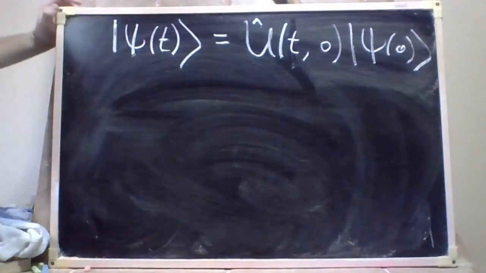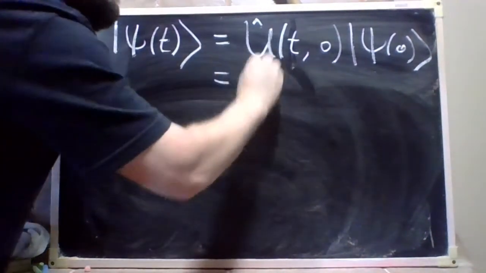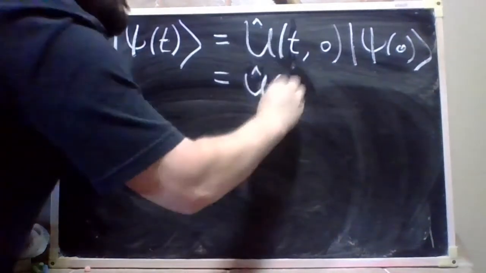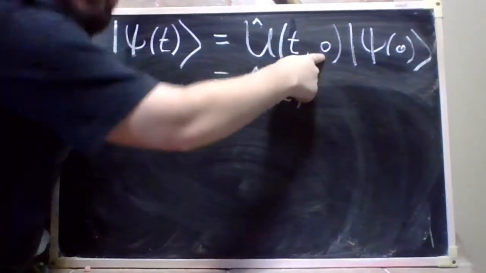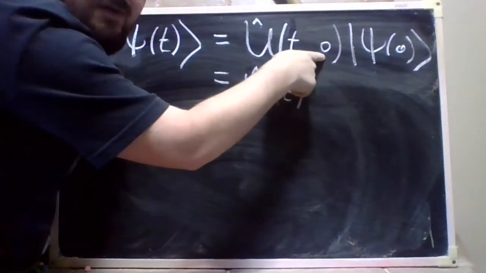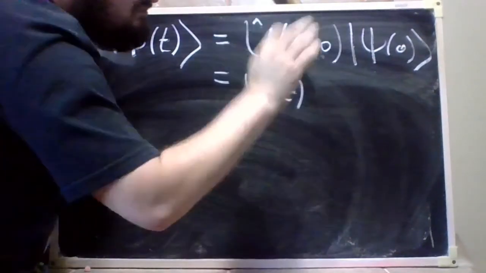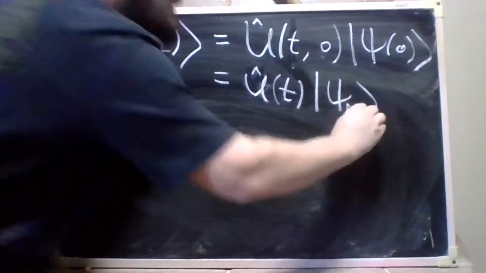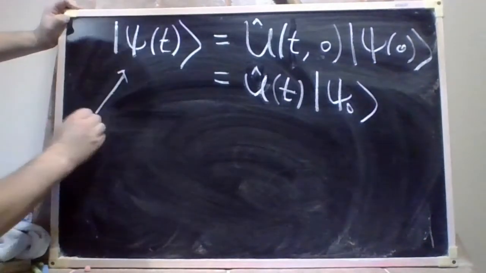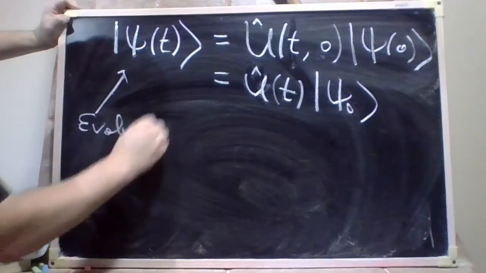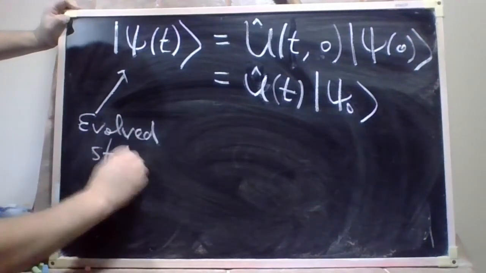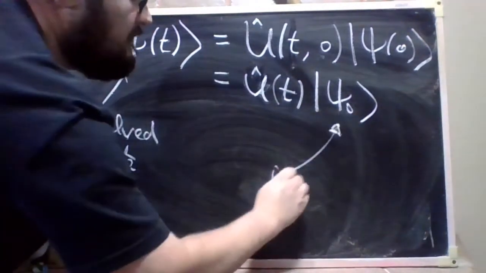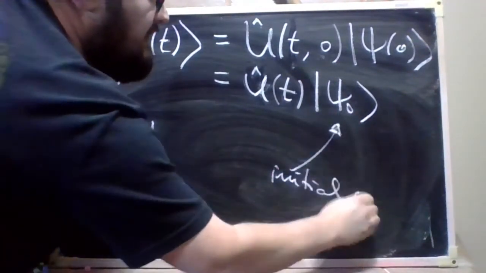All right, I'll write it just this way: u of time t, because we are just considering 0 here, so I'll drop that from the notation. And this is the initial state. So this is the evolved state, and this is the initial state.